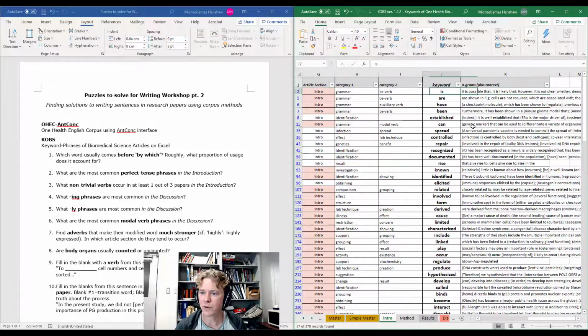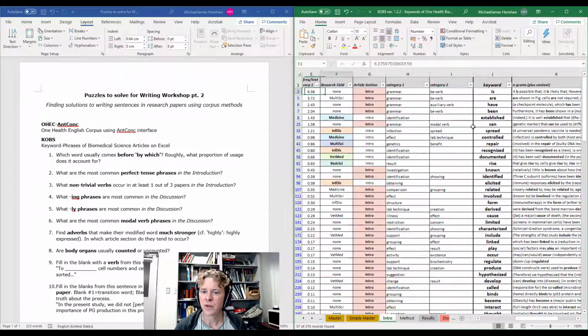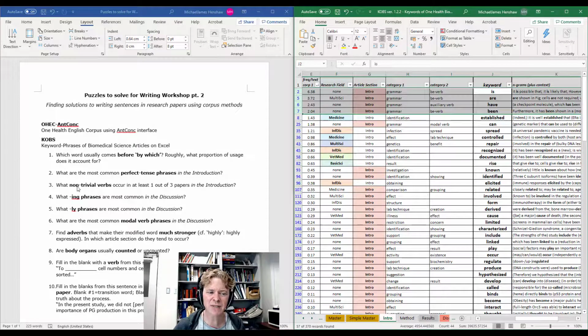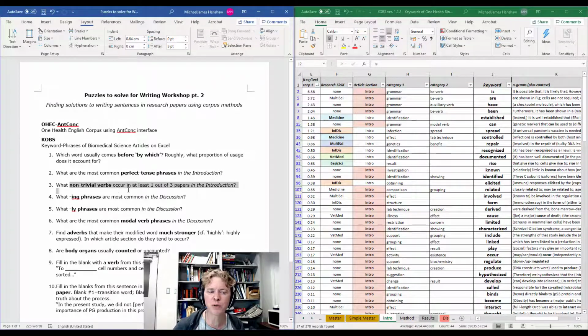So these first ones here that are the most frequent are "is," "are," "have," "been." Well, actually, at the moment, I'm not interested in those. I was last question, but now I'm saying what non-trivial verbs. I'm not so surprised that these words are in the introduction.